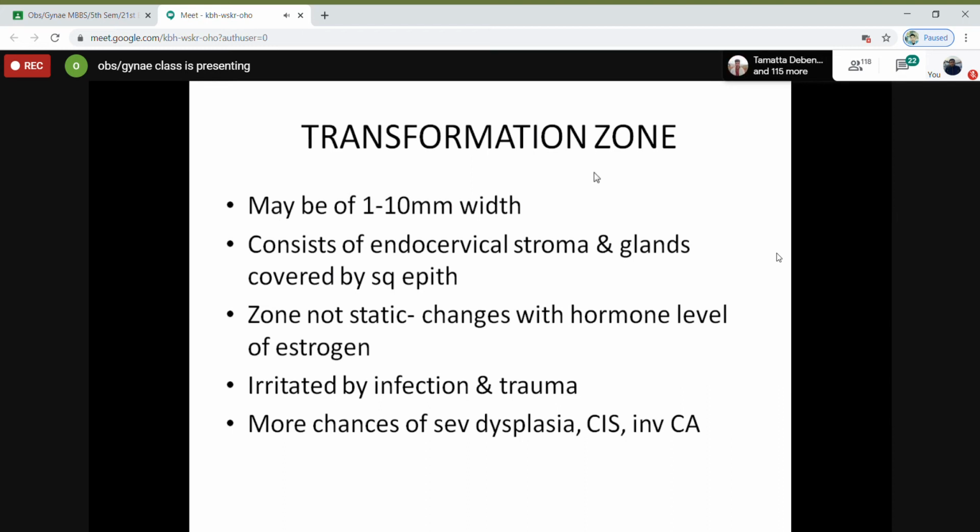The zone is not static, it changes with the hormone levels of estrogen. It is irritated by infection and trauma, and there are more chances of severe dysplasia, carcinoma in situ, and invasive cancers arising from the transformation zone, because it is rapidly changing. That's why during the change the cells might become dysplastic cells also.